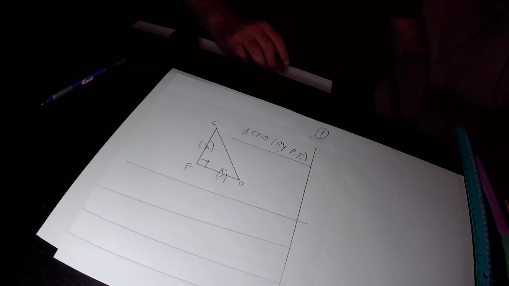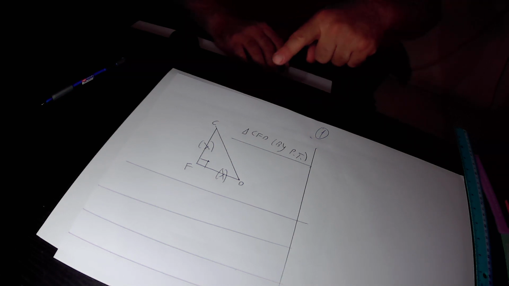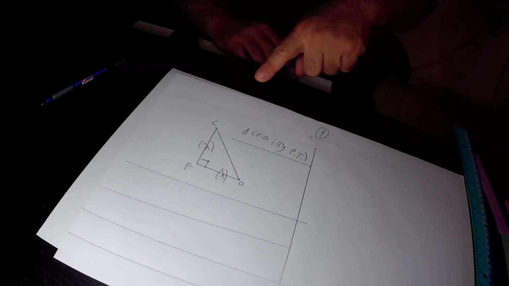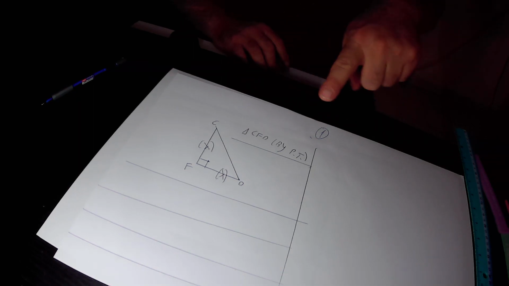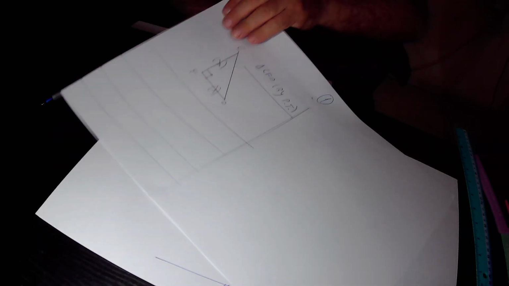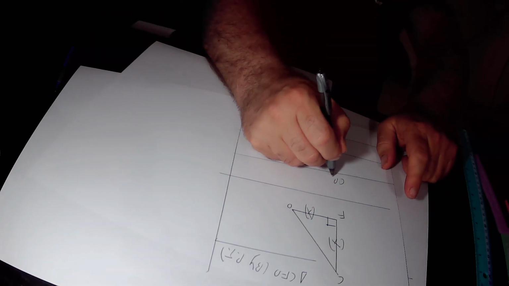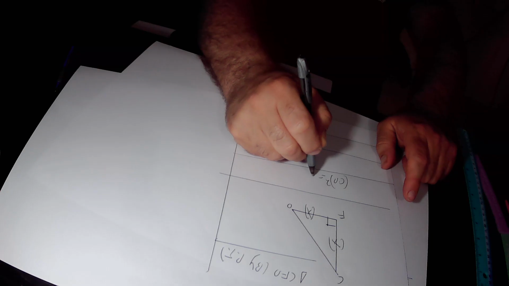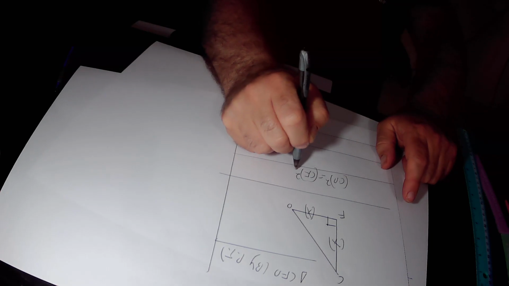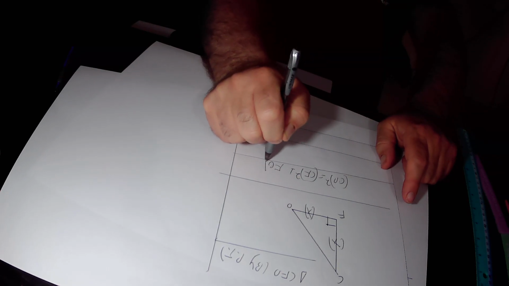According to the Pythagoras theorem, in this right triangle CFO, CO square equals CF square plus FO square. So I write it down, CO square, that is the square of the hypotenuse, equals CF square plus FO square.